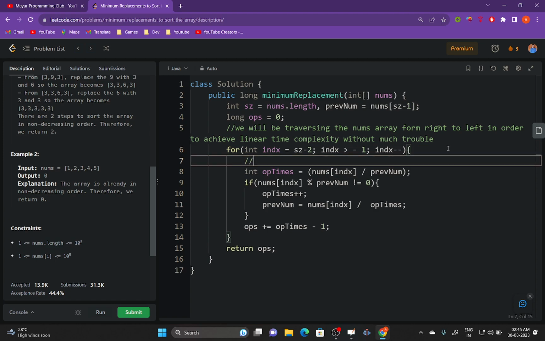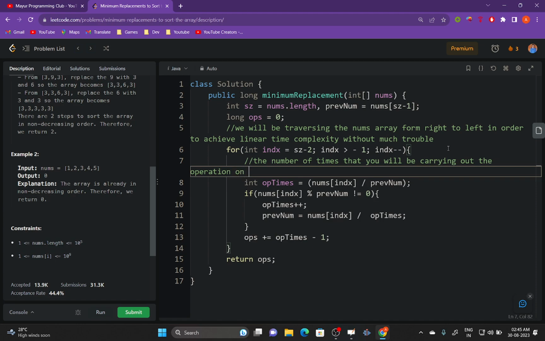And the number of times that you will be carrying out the operation is the current number divided by this number.